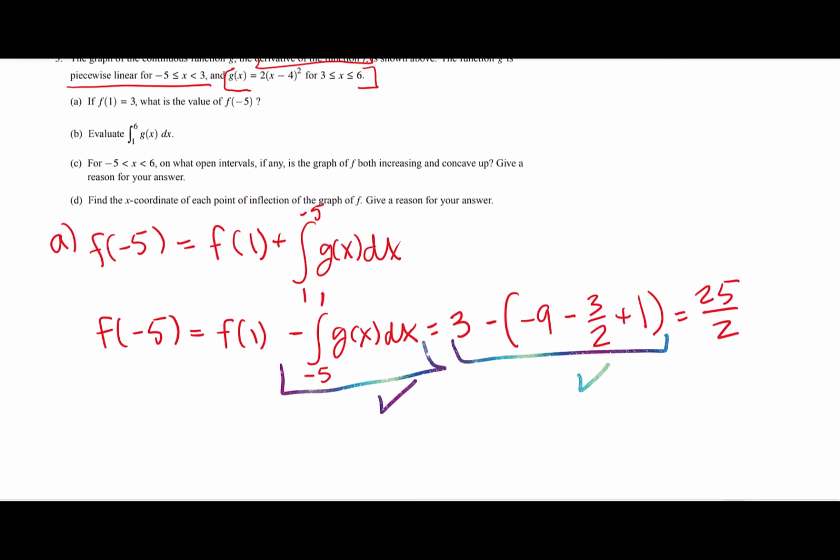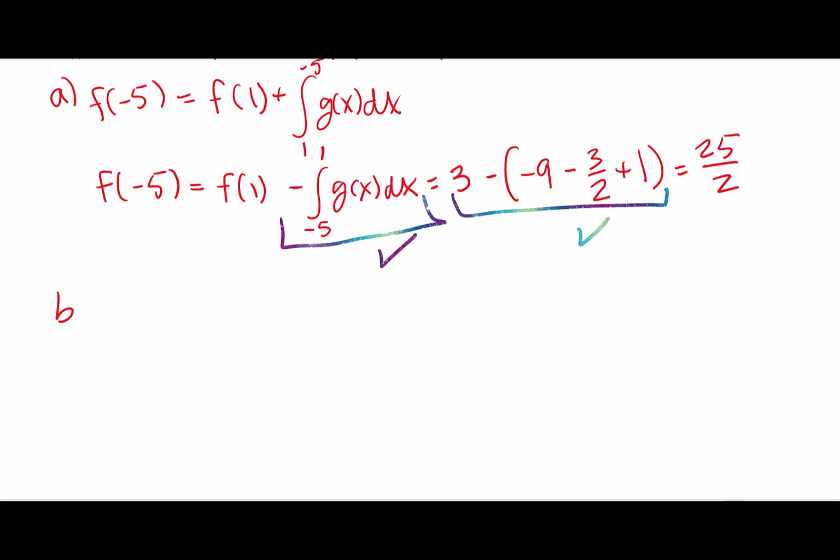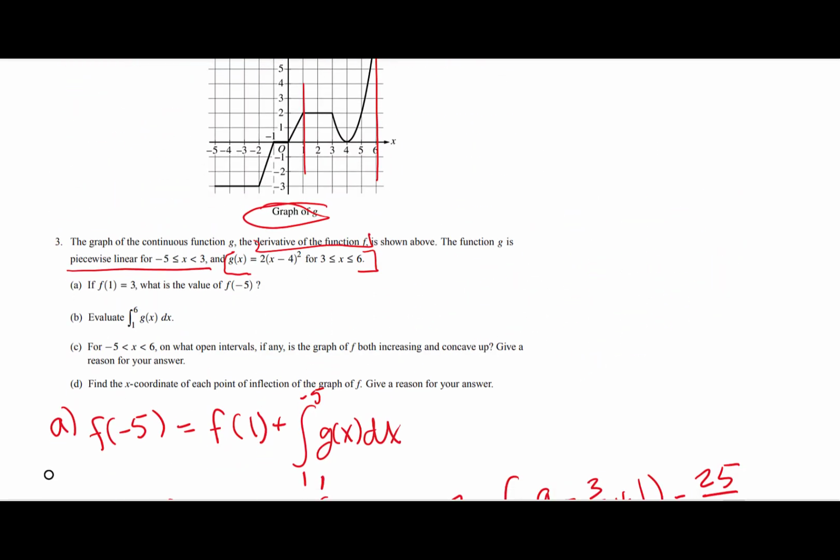So the integral from 1 to 6 of g of x dx, I'm going to need to break up into more than one piece. So if you go back up, I am going to break it into a square and then this parabola right here.